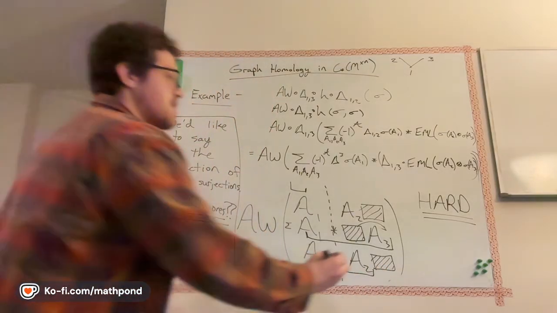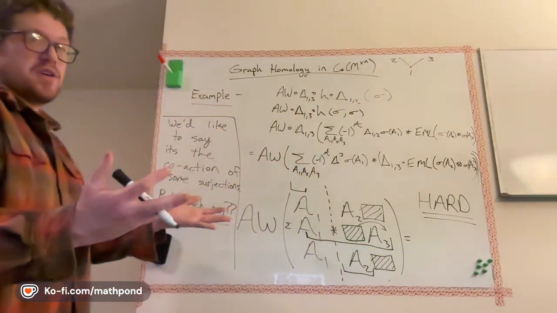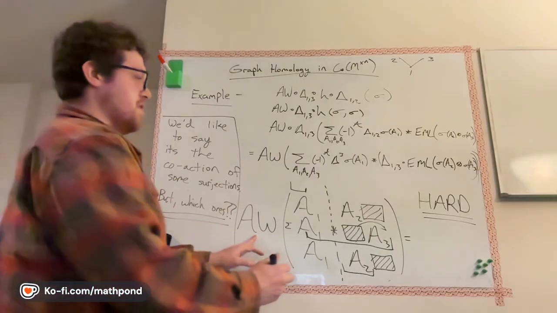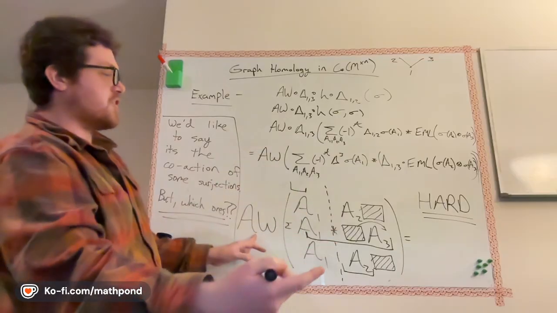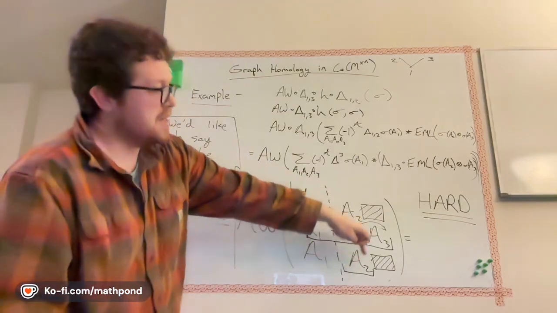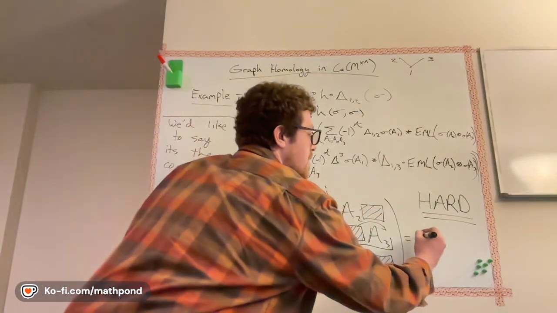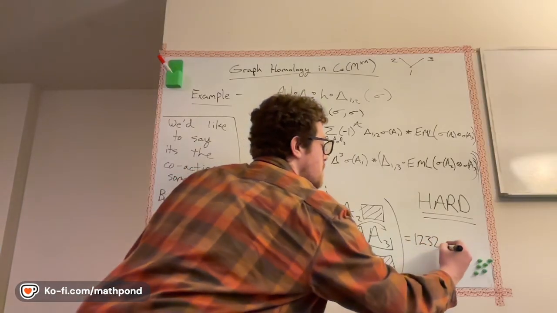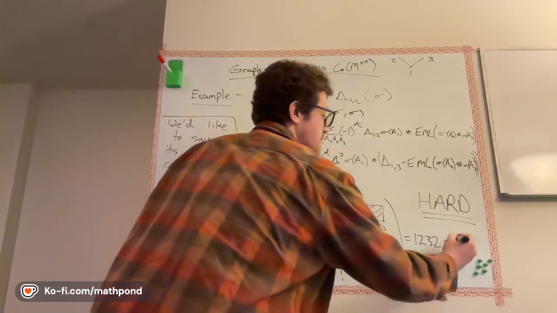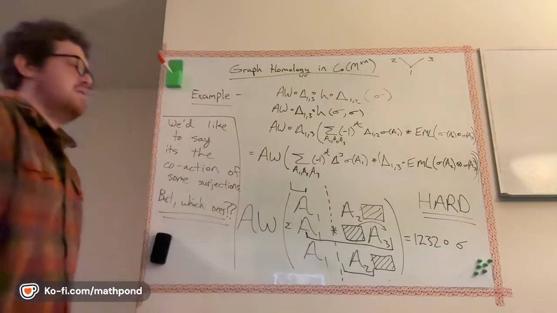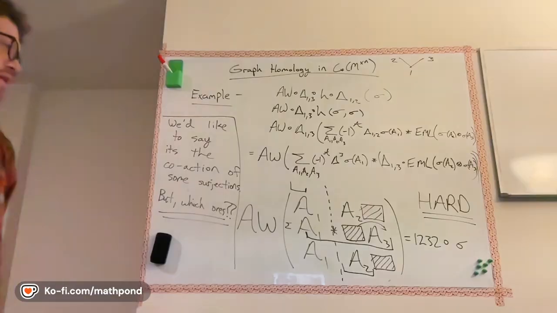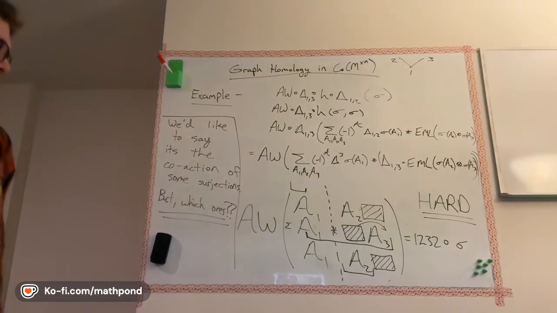It's not easy to show this directly, but you can show that the Alexander-Whitney map of this is going to be the coaction of 1, 2, 3, 2 acting on sigma.